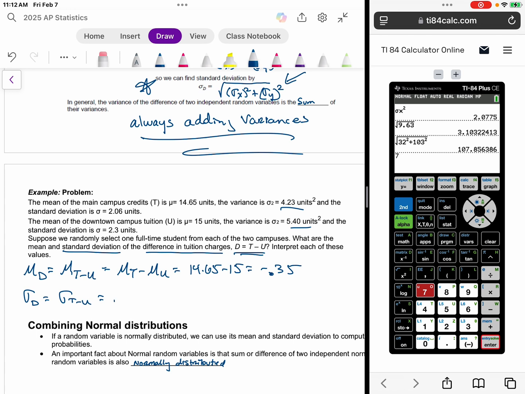So with that in mind, I have to do the square root of, technically, the variance of T plus the variance of U. Since they gave me variances, I can make this quicker and say, all right, it's 4.23 plus 5.40, square root of 9.63, which we already had, 3.103.